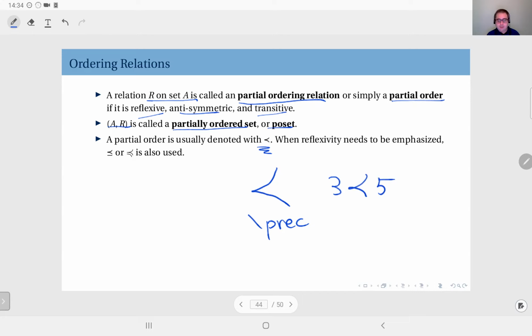It's not a coincidence that we use this notation similar to the less than sign, because less than, along with, let's say, the set of integers, is in fact a partial order. And of course, when reflexivity needs to be emphasized, this symbol may be preferred with an equality.